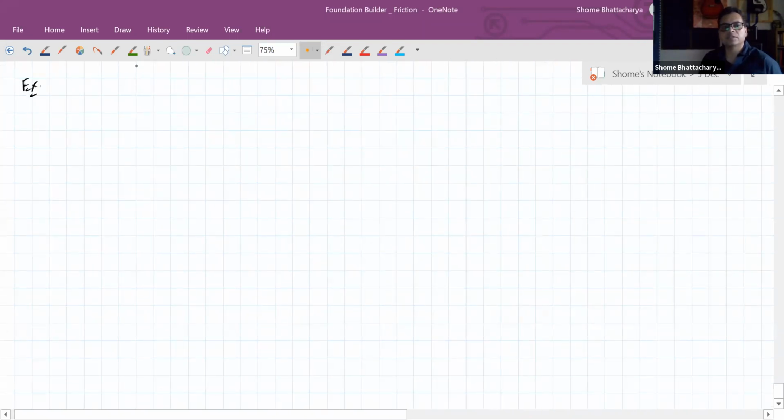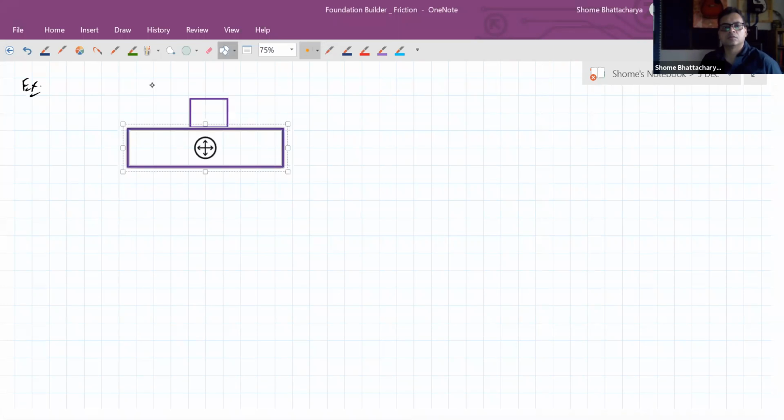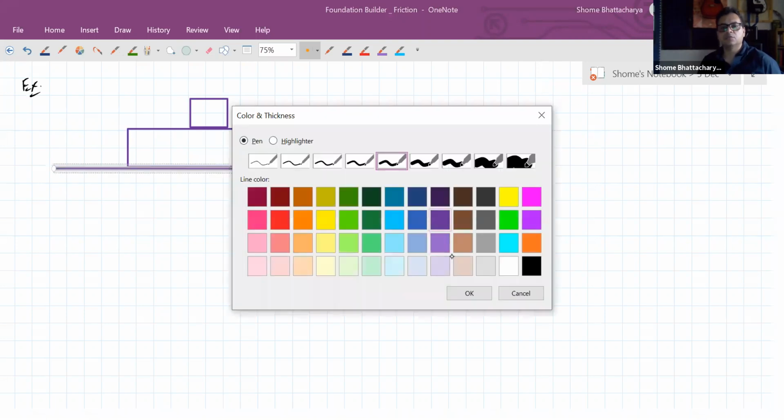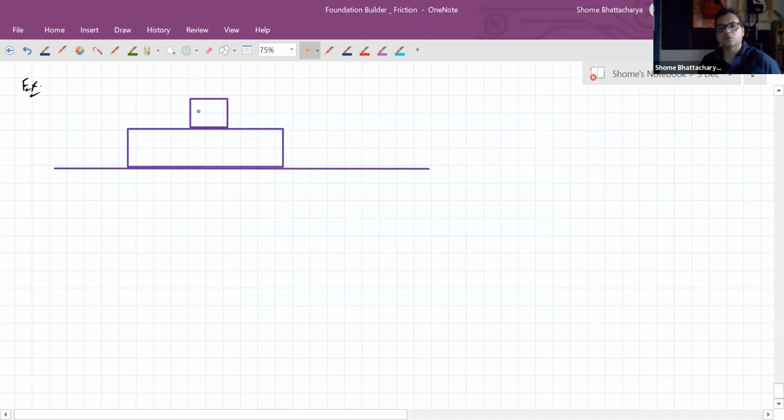So let's look at a fresh example, a different example with force now applied on the upper block.